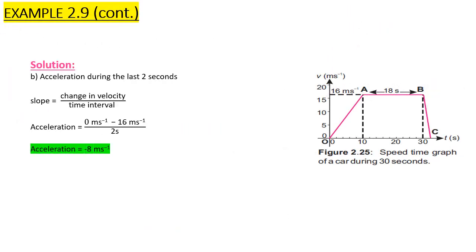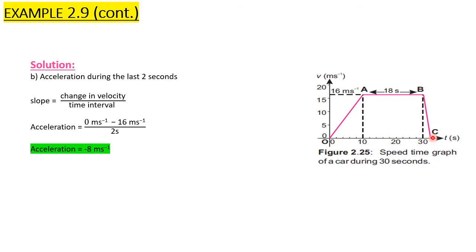In part B, we have to find out the acceleration for the last 2 seconds from point B to C. In this case, B is the initial point and C is the final point. So acceleration is change in velocity divided by time interval. The time interval is 2 seconds, whereas the change in velocity is final velocity minus initial velocity.